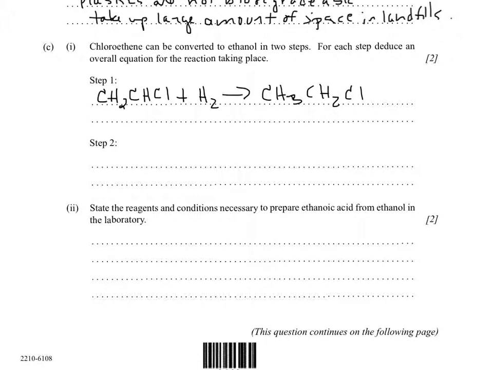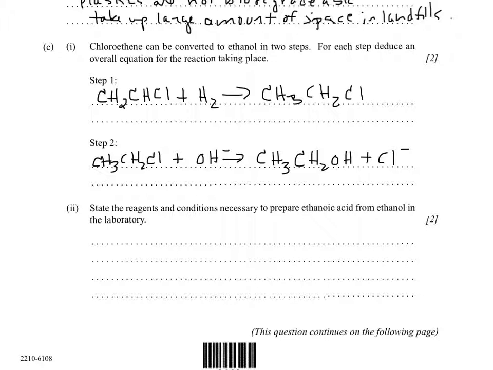Then in the next step, we react that halogenoalkane with the hydroxide ion, and that will form the alcohol and the chloride ion.